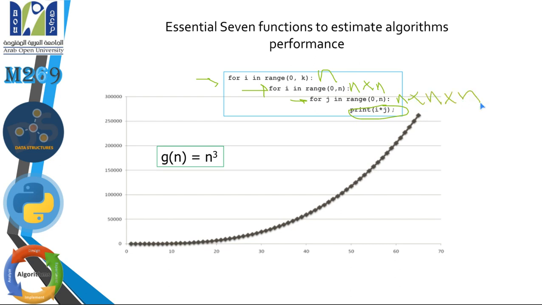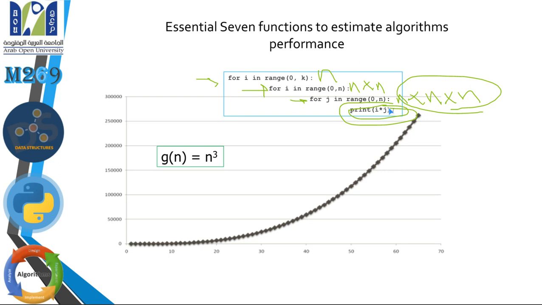Yes, Yasser? What's the problem? The print statement, you mean where? In this code? Yes, of course. This is the time, sorry, n to the power 3, that is going to be considered for this statement, the print of i multiplied by j.